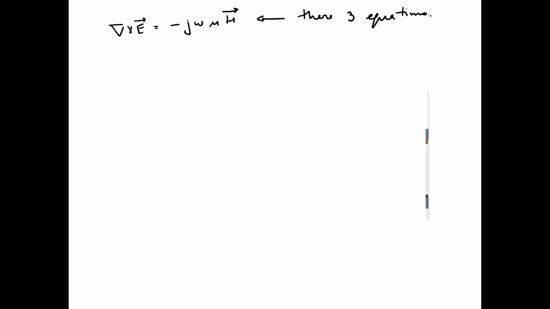Why are there three equations? Because H and E both could have all three different components of x, y, and z, and all those would be related separately. What is happening in the x component would not be bothered by what is happening on the y component. So each of those becomes an independent term.